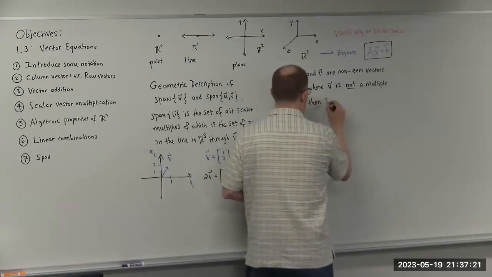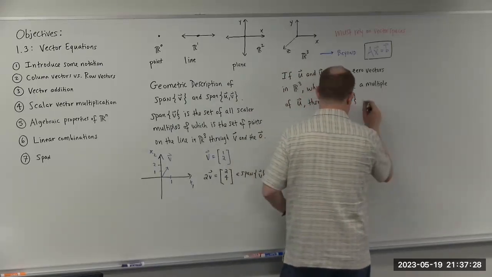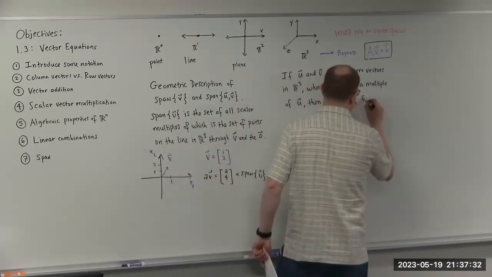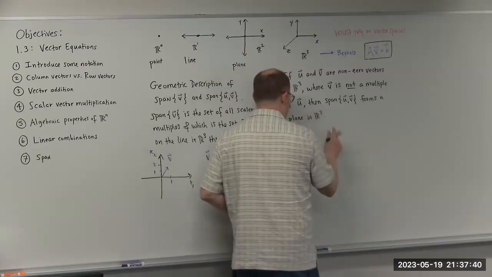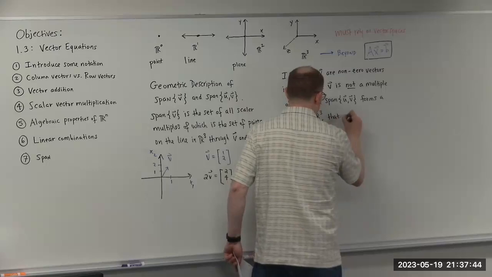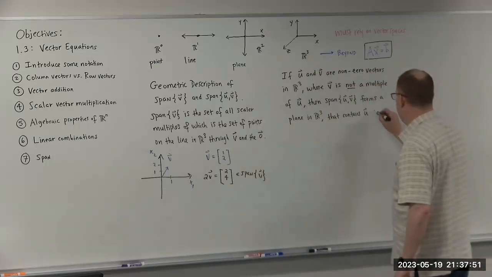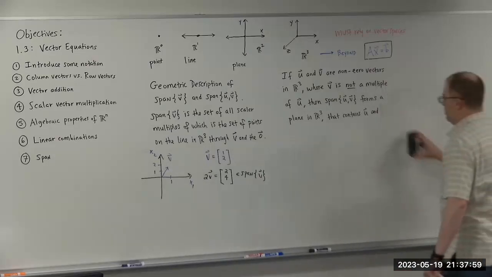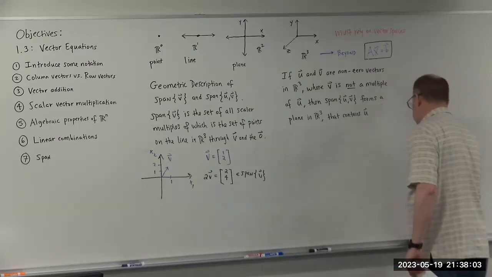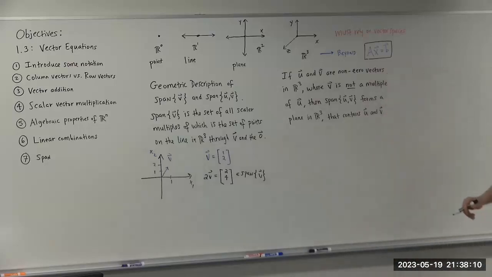Then the span of u and v forms a plane in R3 that contains both the vector u and the vector v, and must contain the 0 vector because that's where u and v meet.